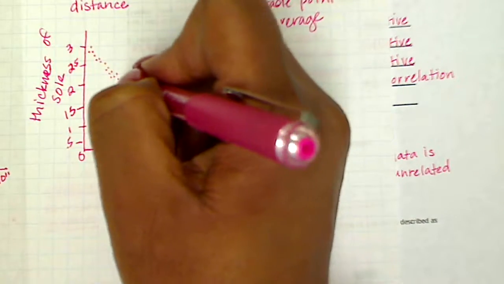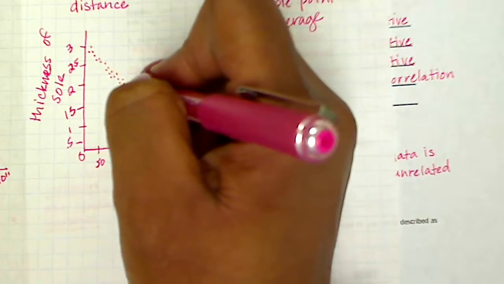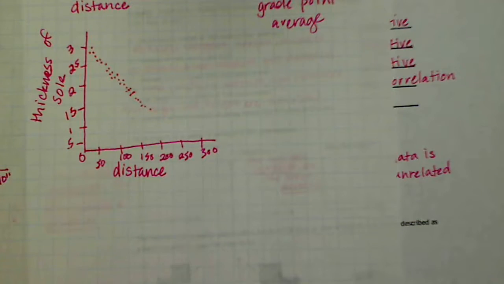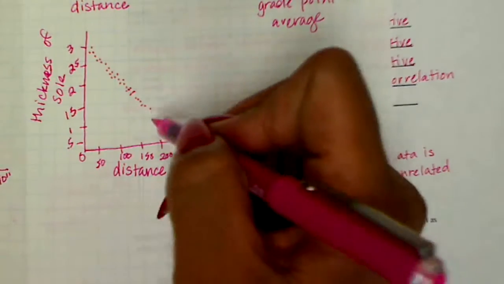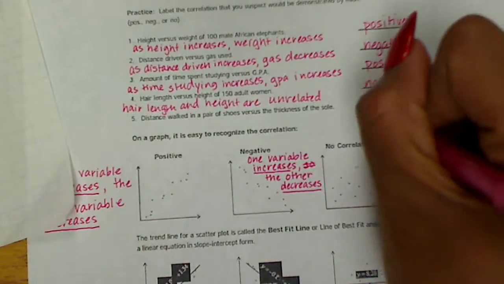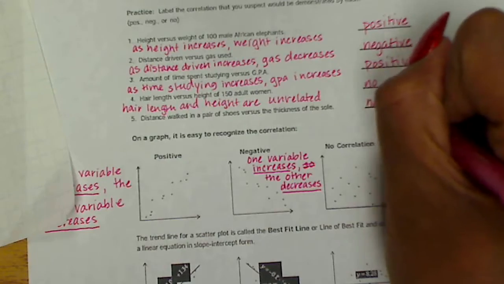The friction between your feet and the street wears them out, just like with your tires. Tires don't stay good forever. As you drive, that friction wears them down. So what kind of a correlation is this? Negative. So we're going to write negative here.